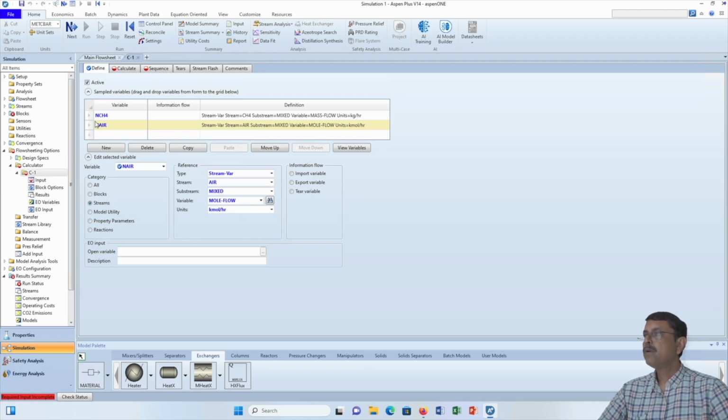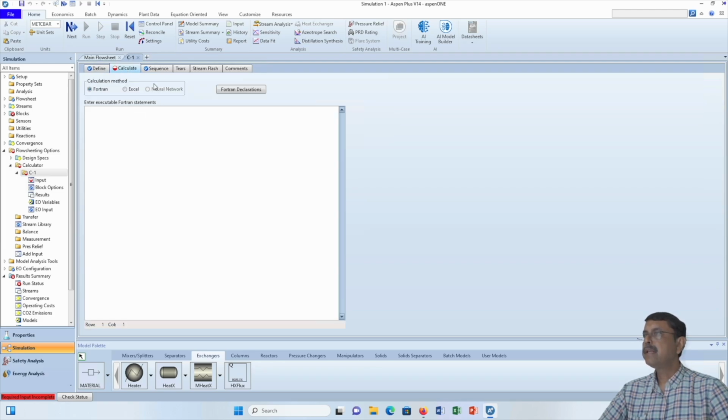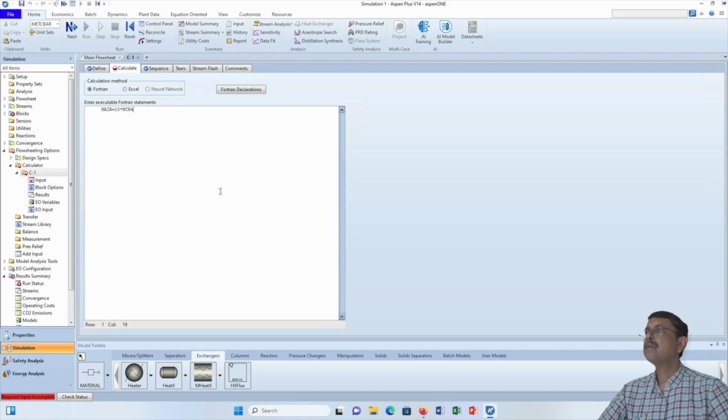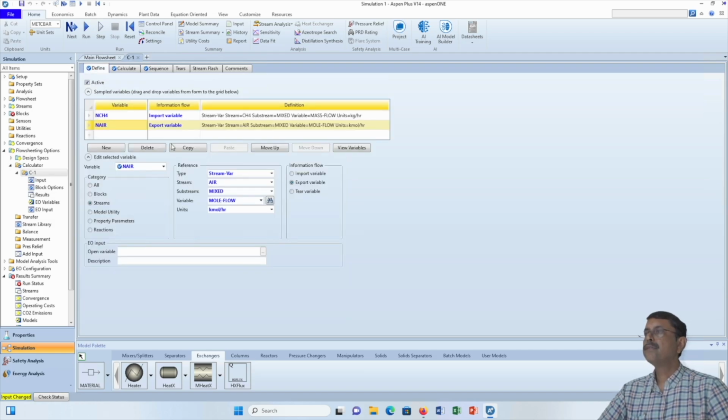Okay, now this one will be import variable and this one will be export variable, and we'll calculate through a Fortran command, N air is equal to 10 times NCH4. Okay. So that gives the information to Aspen Plus that the flow rate of air should be 10 times that of the methane. Okay.